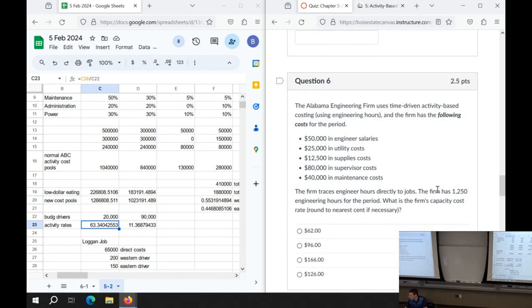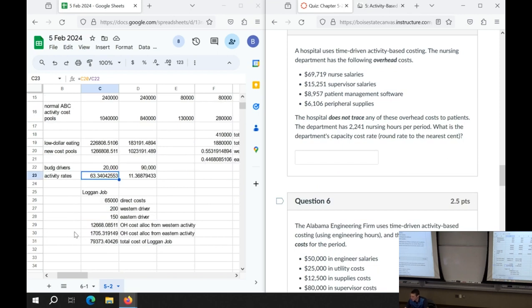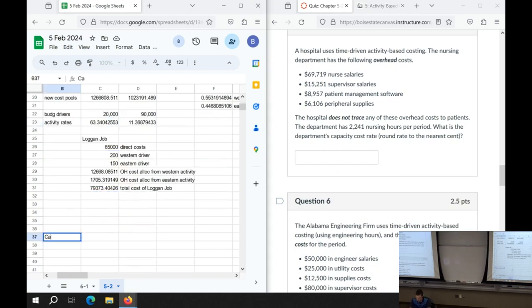The engineering one here has practical capacity of 1250 engineering hours per period. Okay, so CC, capacity cost rate, CCR equals total overhead divided by budgeted capacity, which is the hours.